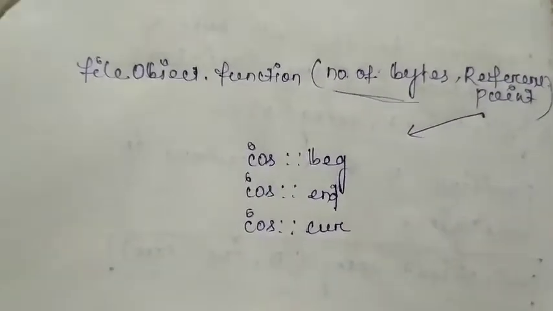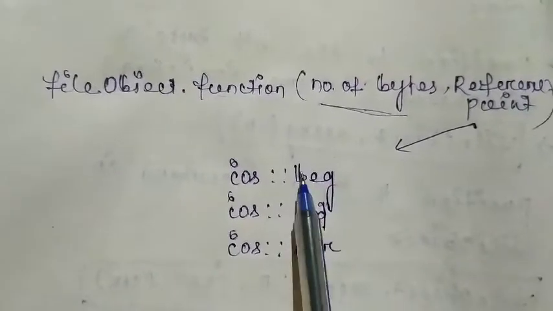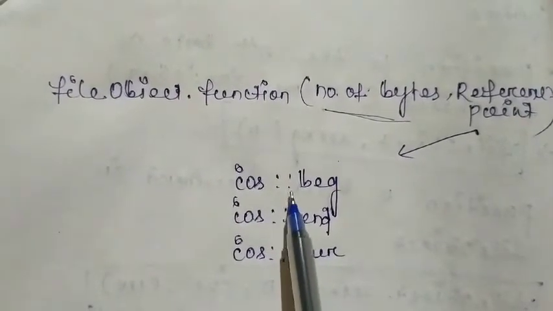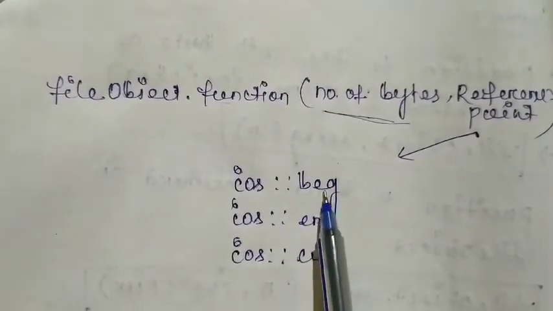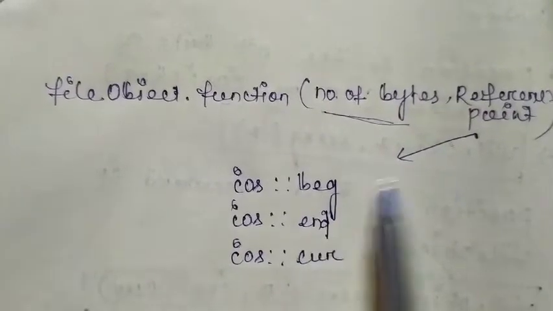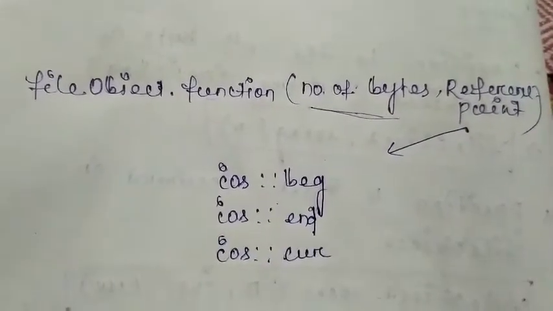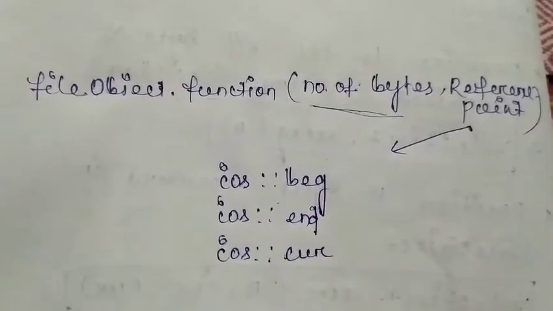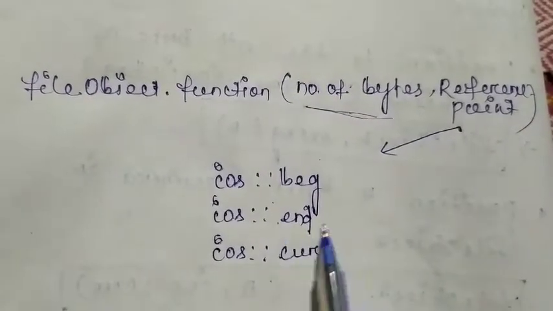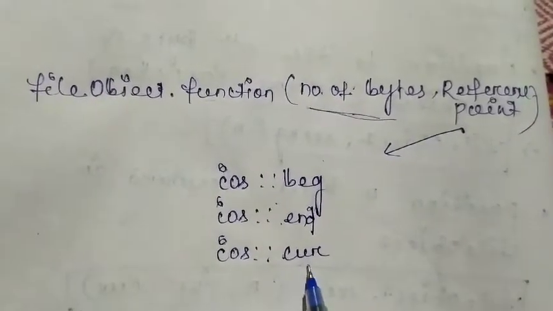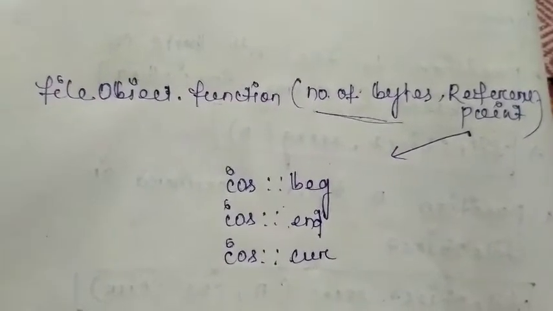You have to use only this syntax: ios, then the scope resolution operator, then beg. That means the reference point is the beginning, end is the end point, and cur is the current position of the pointer.